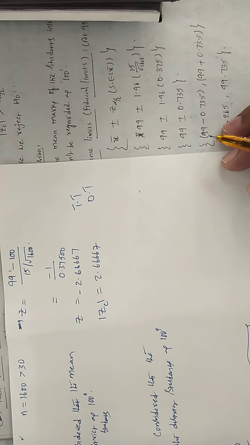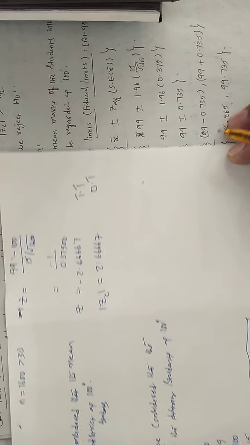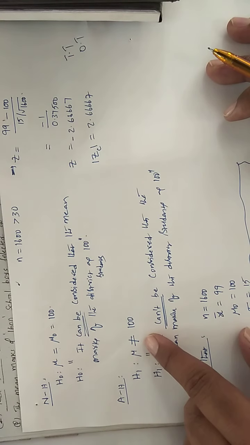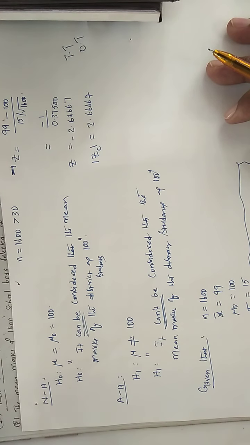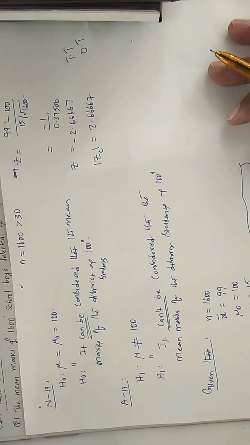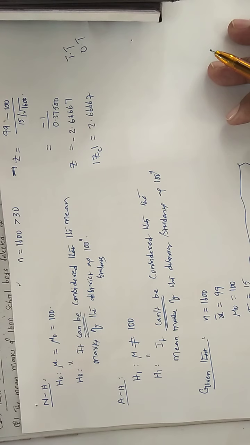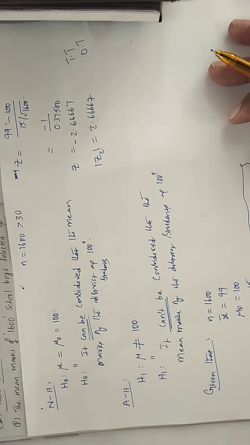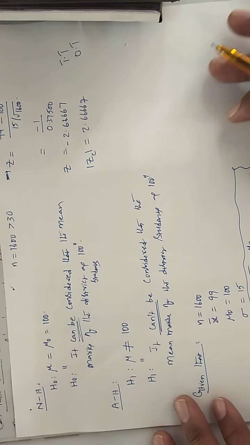Based upon the notation of the alternative hypothesis. What is the notation of the alternative hypothesis here? Not equal. Hence, what kind of test is this? Two-tailed test. If a less than or greater than sign is there, that indicates a one-tailed test. If exactly not equal to, it's a two-tailed test.